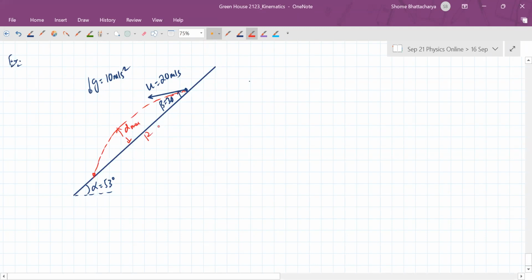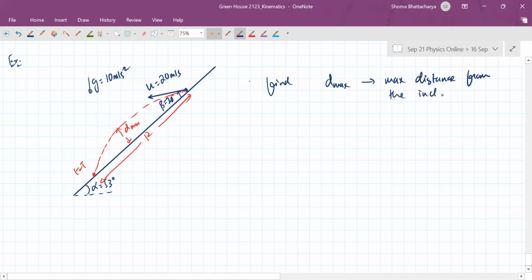And it falls on the same inclined plane at a range of this much, at a time capital T. So find that is the maximum distance from the inclined plane, the time of flight and the range on the inclined plane. Just try this out.